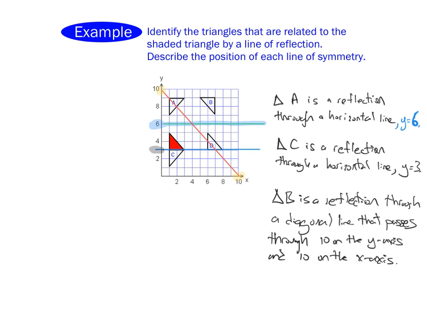That's a mouthful, but it is a way to describe how we can reflect the red triangle and give us triangle B.